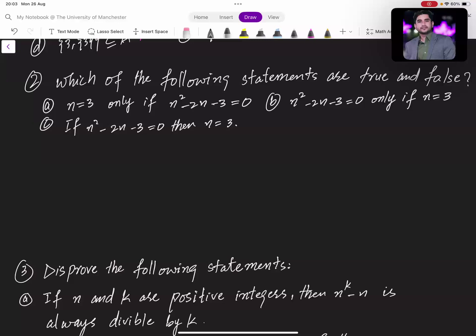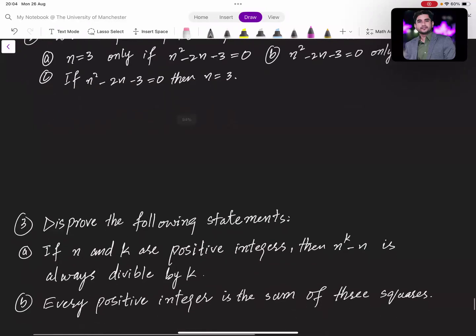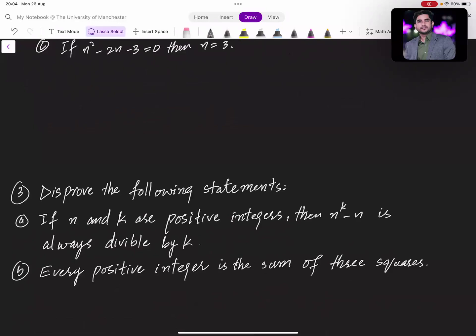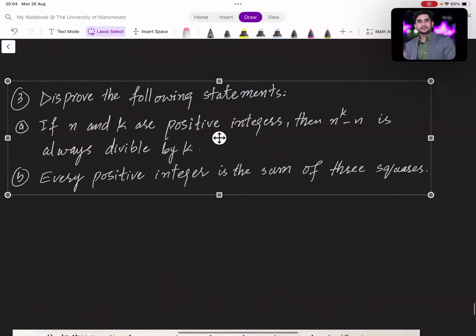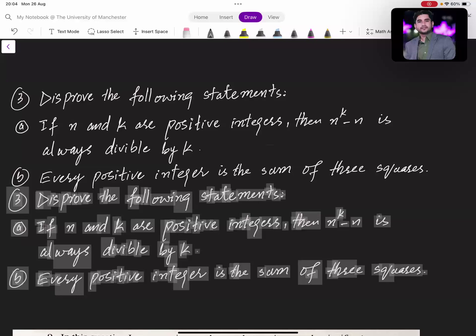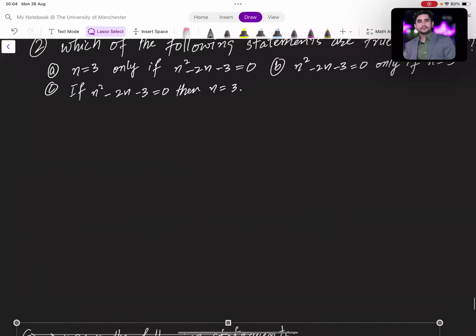Now, the way we are solving these is actually changing the whole scenario. Let me select this part and move a little bit further. Right.